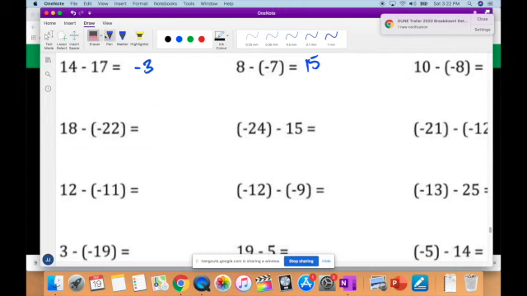You can also think about it this way: if I have $8 and I owe Ariel $7, then I'm going to have $1. But if I have $8 and I owe Ariel $7, but then Ariel says, you know what, don't worry about it, Ariel subtracted the debt.